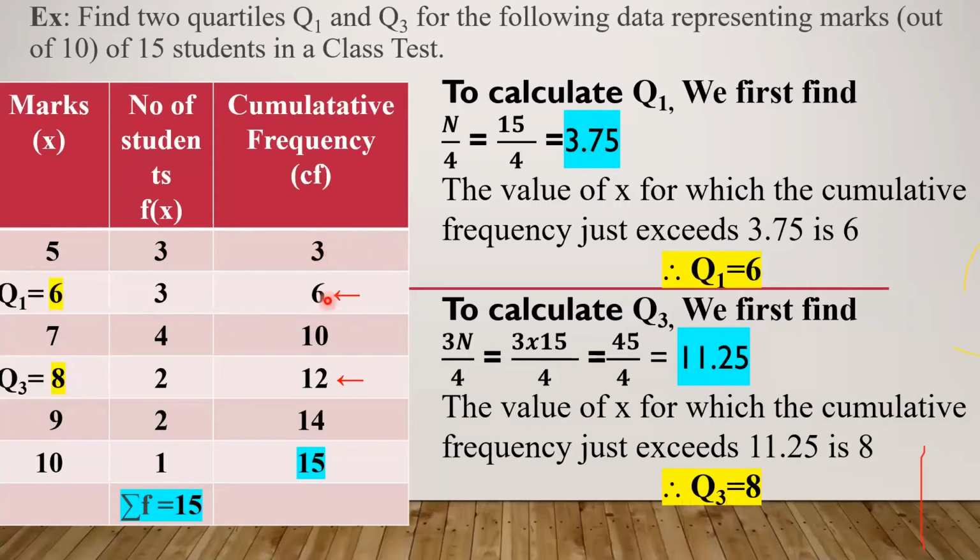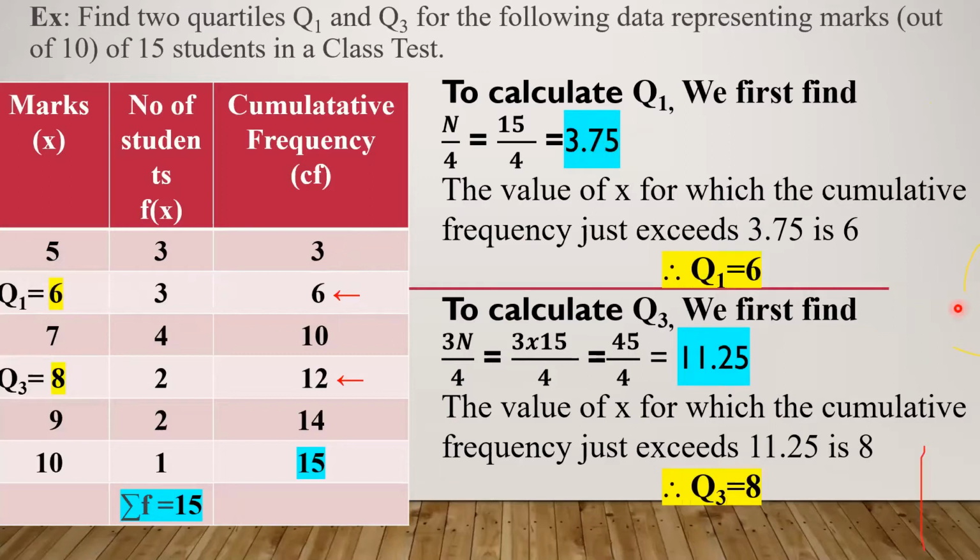The second one is 6, which is bigger than this. So I have put an arrow here and you see for which value it is. So Q1 is equal to 6. In this problem, I have written here Q1 is 6. And see, I have also written here the value of X for which the cumulative frequency just exceeds n by 4, that is 3.75, is 6.